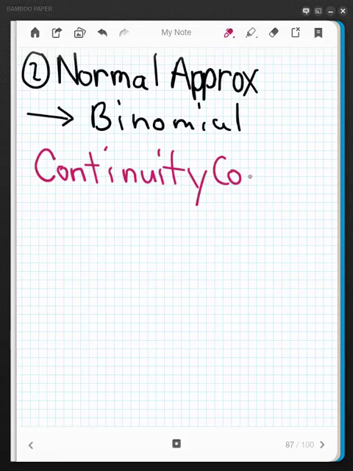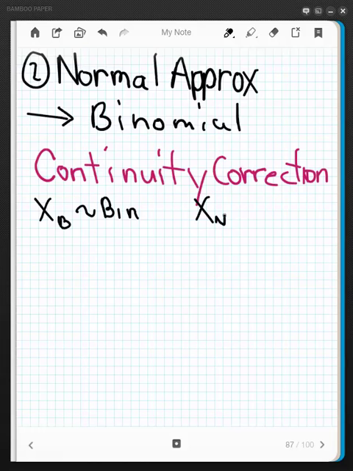Now continuity correction takes into account what we had in a binomial. So x is a binomially distributed random variable, and then we're going to take it to being distributed normally.